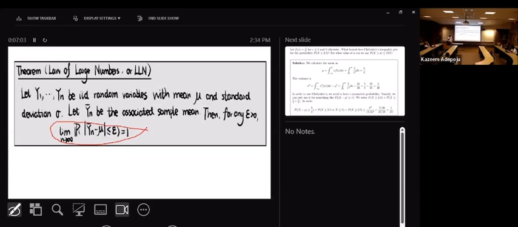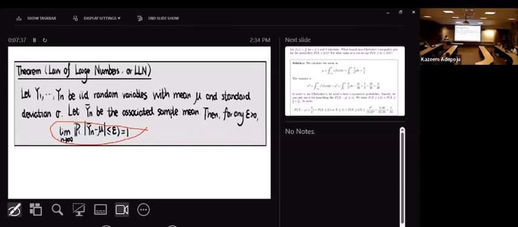So that probability that the distance between the sample mean and the population mean would be within a particular margin is what we believe is going to be 1 if n tends to infinity. This is called the weak law of large numbers. It is weak because the convergence here is not absolute. We are actually seeking the convergence within a certain margin.